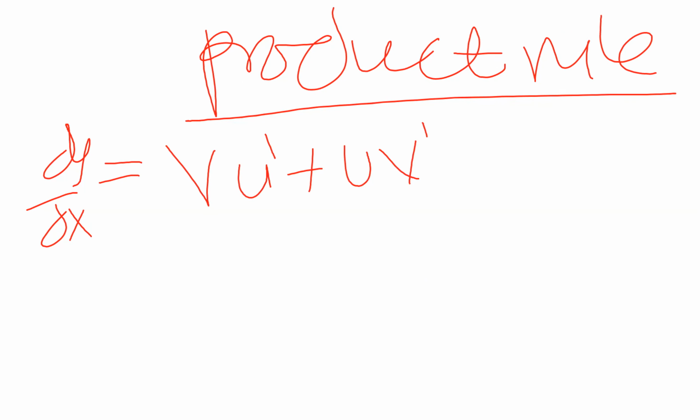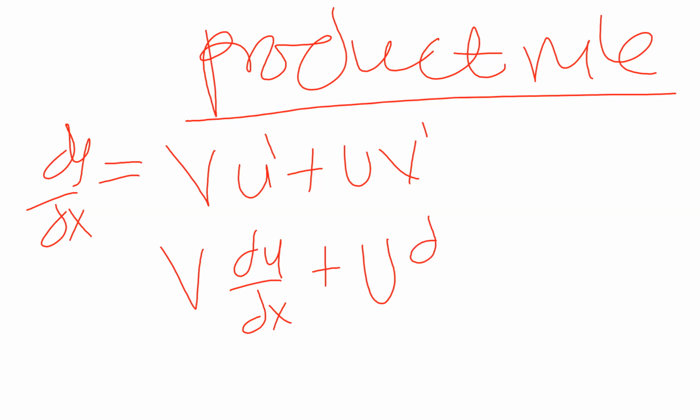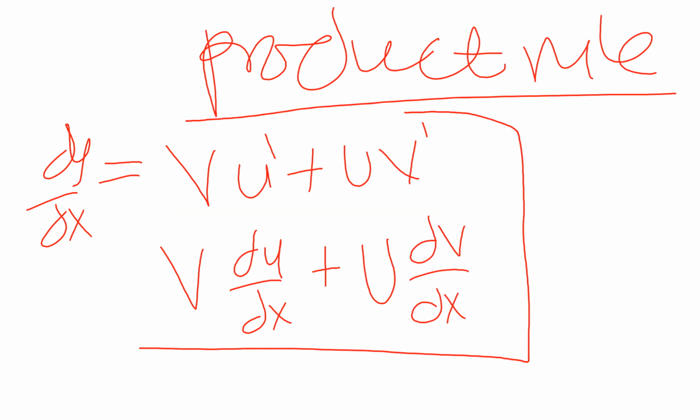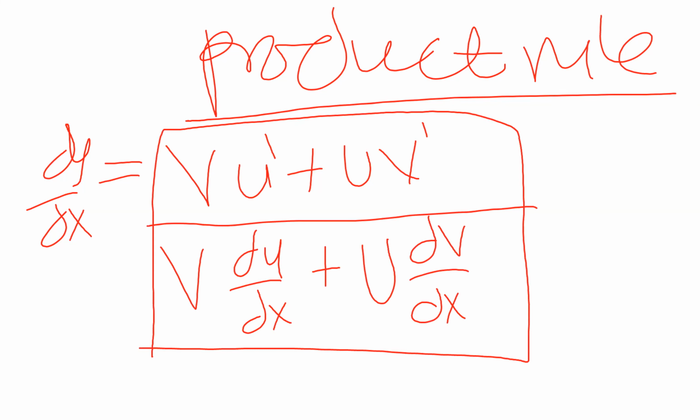You know, u prime is the same as du over dx, like differentiating the u function with respect to x. So this can still be v du over dx plus u dv over dx. It's the same thing. This is what the product rule states.